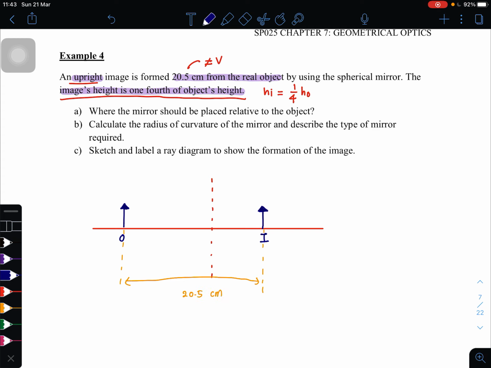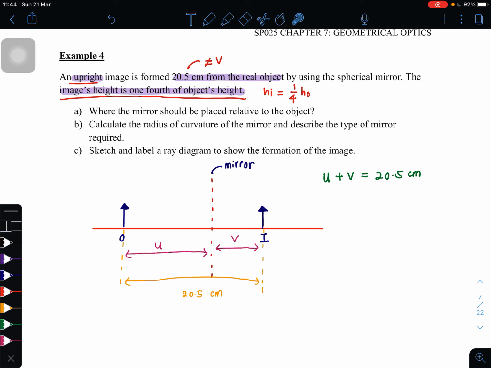So if we just assume this mirror is in between of them, we actually can see that daripada mirror kepada objek adalah value for U, daripada image kepada mirror adalah value for V. So daripada sini kalau kamu tengok, you can actually see that U plus V is equal to 20.5 cm.